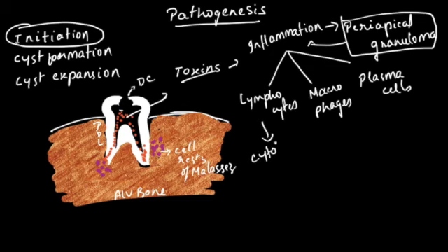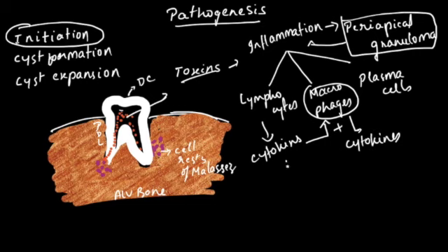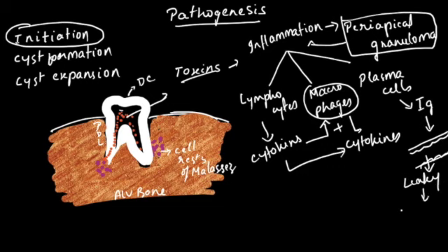These lymphocytes release cytokines. These cytokines further activate macrophages, so more macrophages, which release cytokines again. So a lot of cytokines are in the area. Plasma cells release immunoglobulins, which act on the blood vessels, making them leaky. So more lymphocytes and inflammatory cells are released, fueling the situation further.